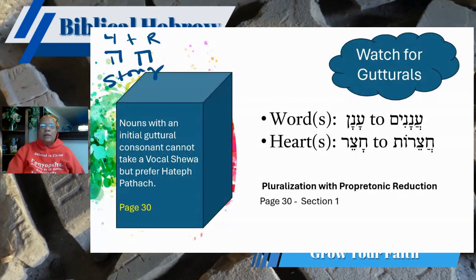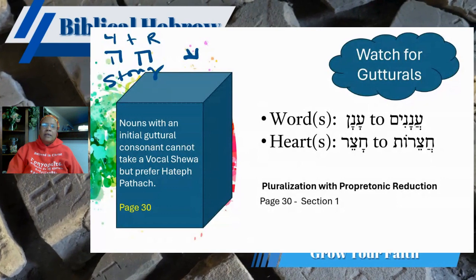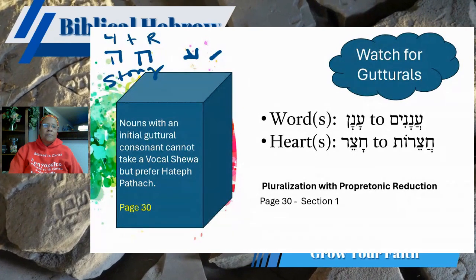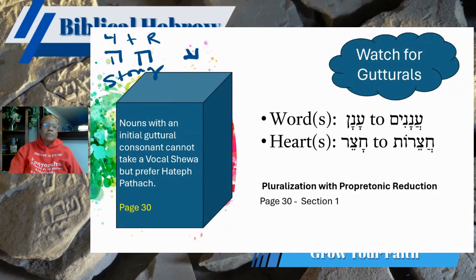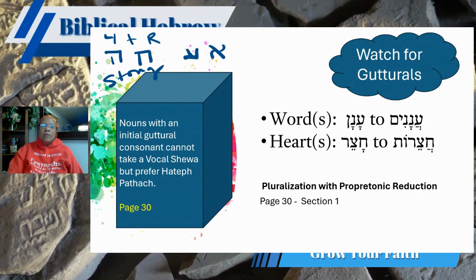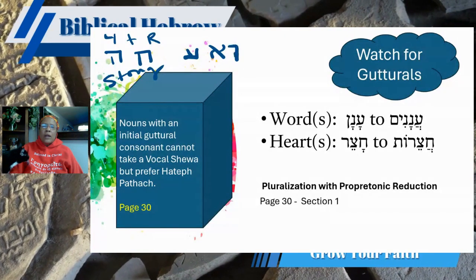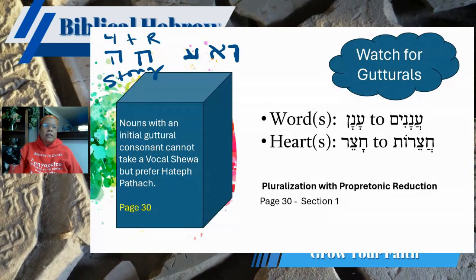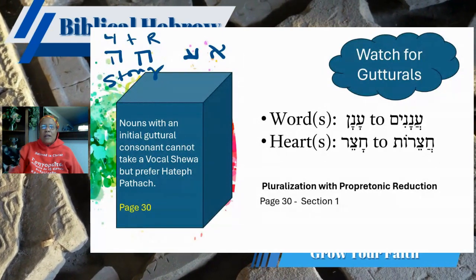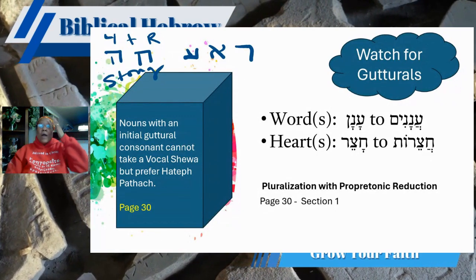And then the weak gutturals are the silent letters, ayin, and of course the aleph. Okay, and resh is also considered. It's interesting because my brain really wants to just write an R. Okay, did you see that? My brain wanted to write an R, and I'm also writing left to right when I should be writing right to left. Okay, so watch for those gutturals.